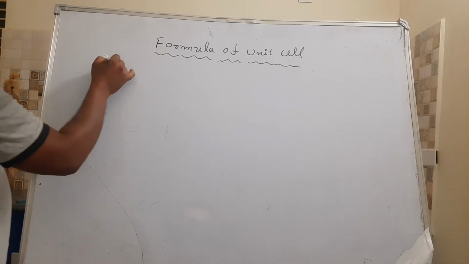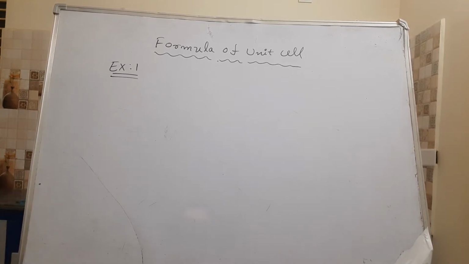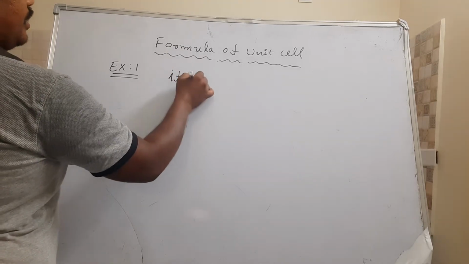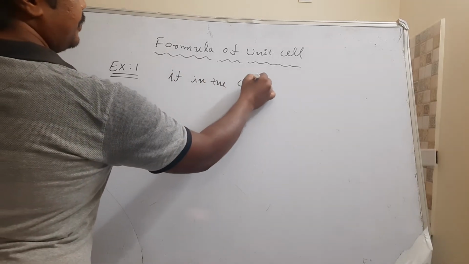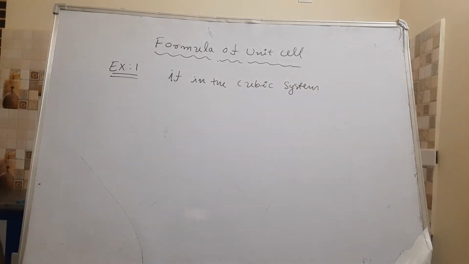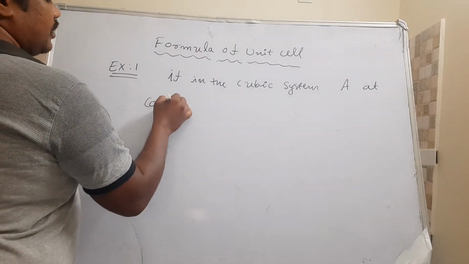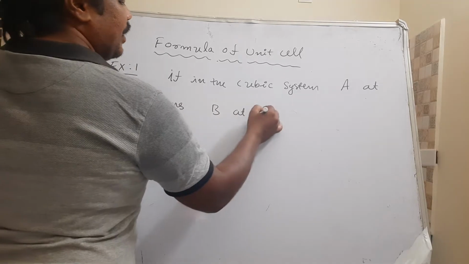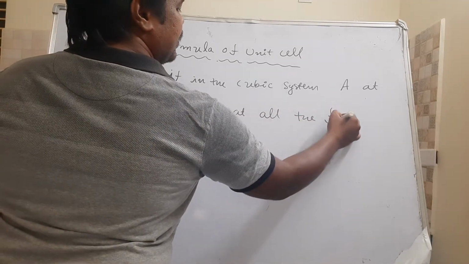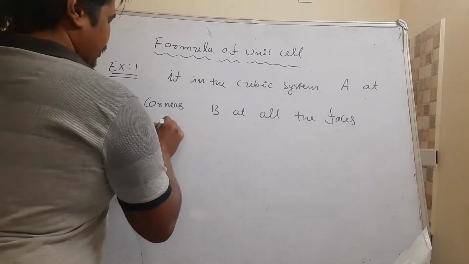Take down the example problem: if in the cubic system, A is at corners and B is at all the faces, then find the formula of the unit cell.